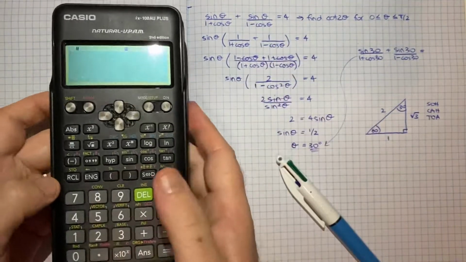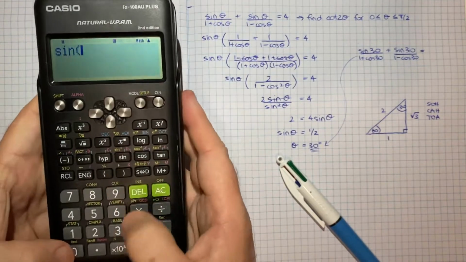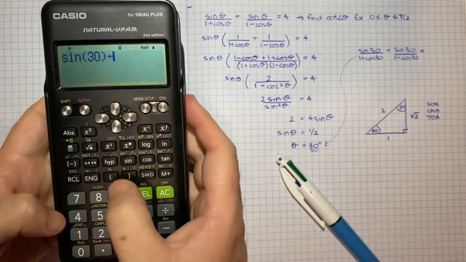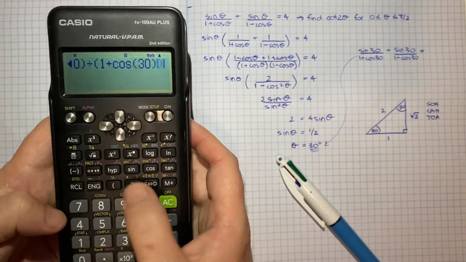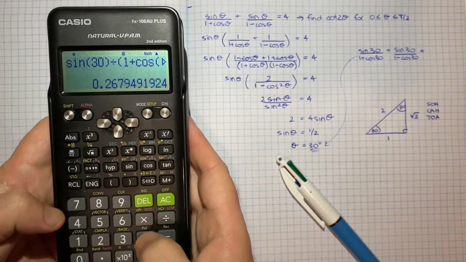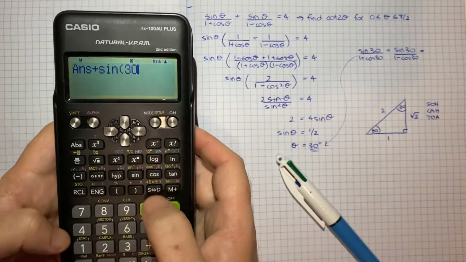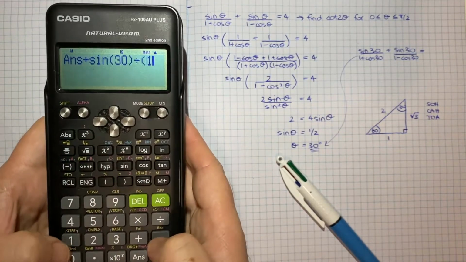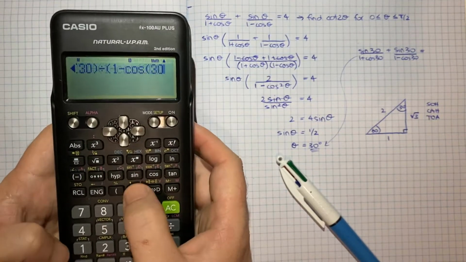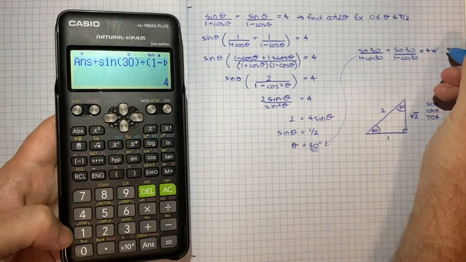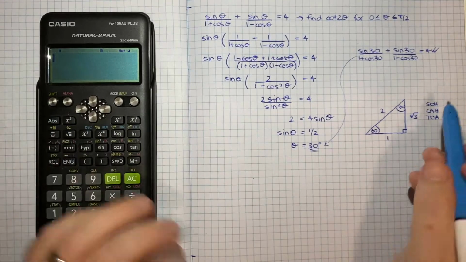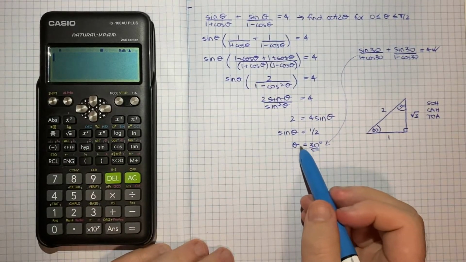Hopefully it's equal to 4, but let's check in our calculator. So sine 30 divided by 1 plus cos 30 plus sine 30 divided by 1 minus cos 30 is 4. So that's also a good check to do. Very comfortable that theta is 30.